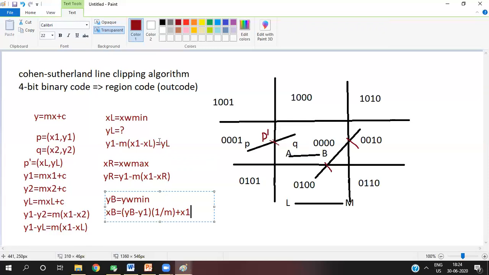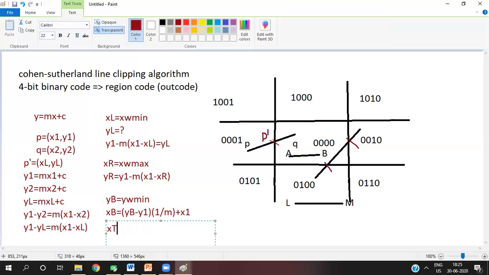Y top. What is the value of y top over here? Y top will be yt is equal to yw max. This is the case. Suppose some line is here. Okay. What about xt?